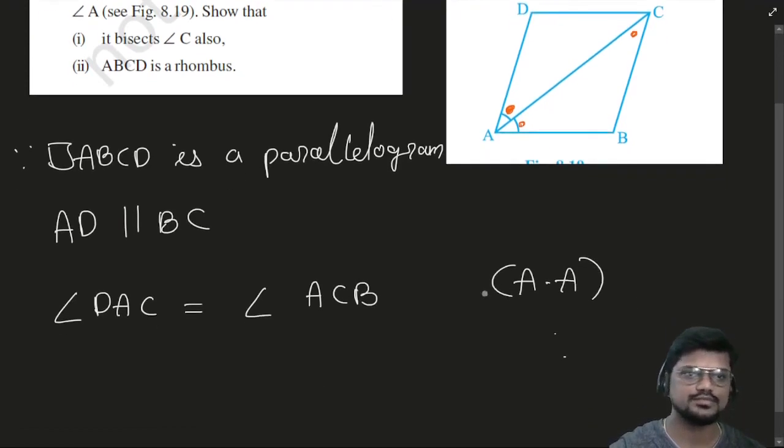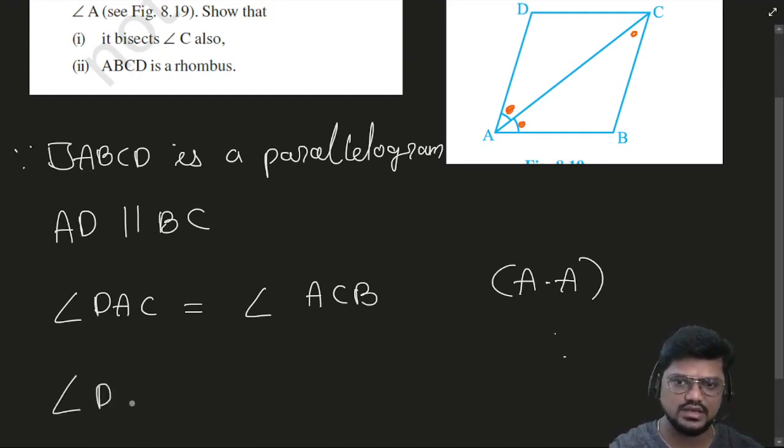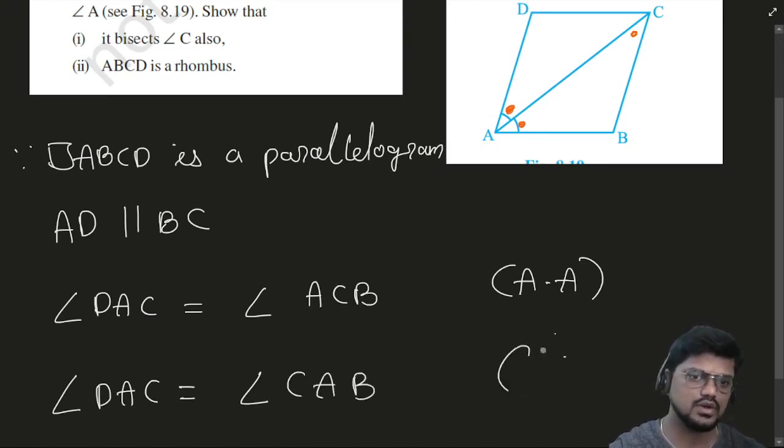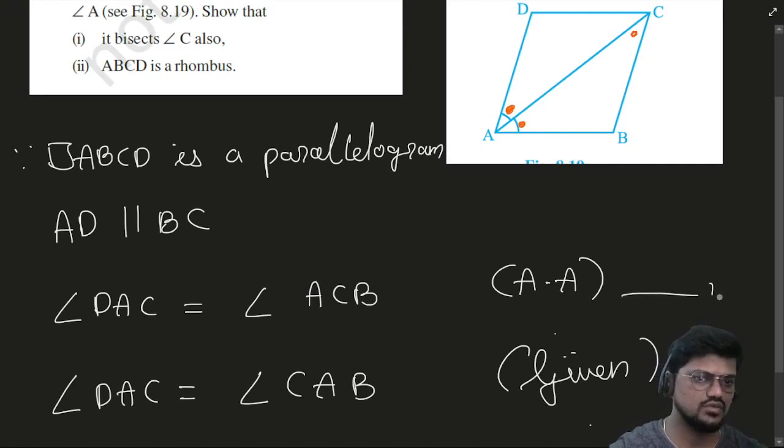Now, one more thing. Over here, we already knew that this angle is equal to this angle, that is angle DAC is equal to angle CAB. Why? Because it is given. So if this is your 1 and this is your 2, from 1 and 2, can I say angle ACB is equal to angle CAB?